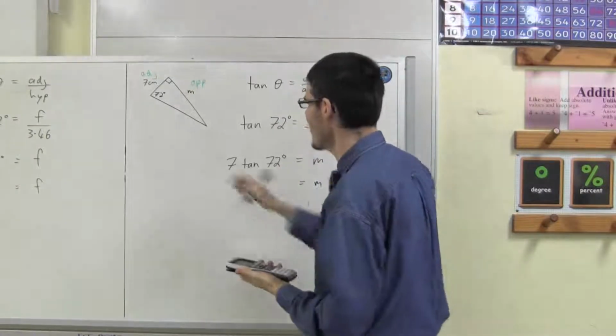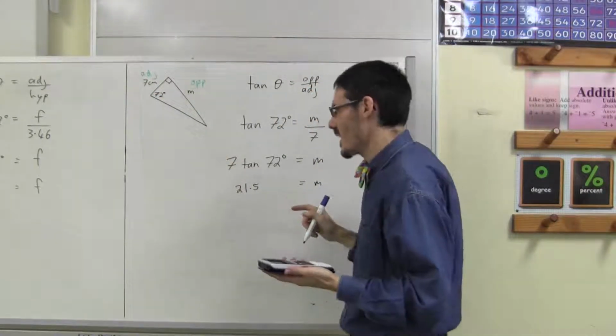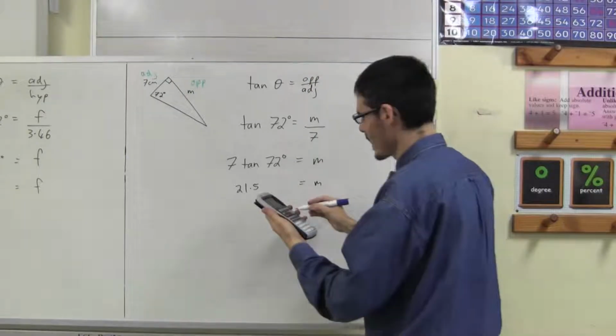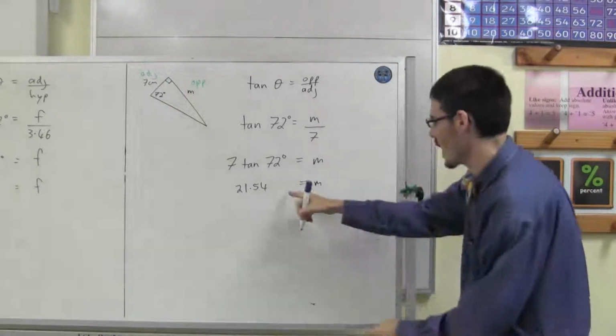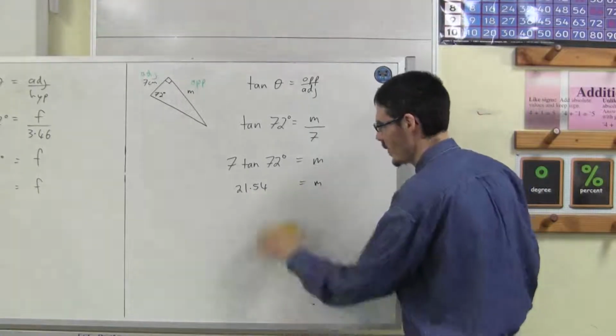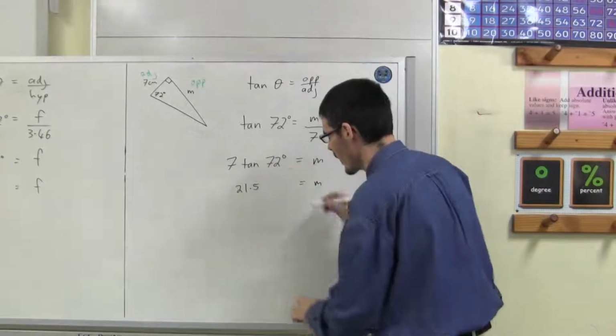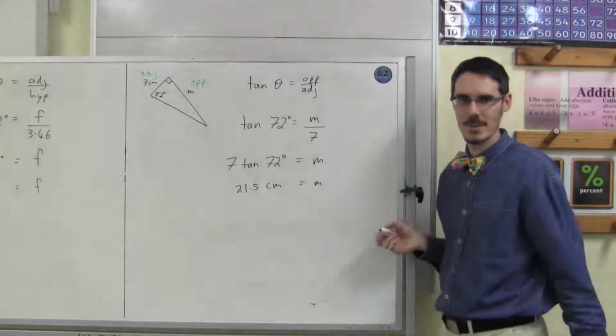Oh, how far am I going? Centimetres. You know, again, probably millimetres will do. It's 21.54, and it goes on from there, but I only need this much. If I want to go to millimetres, this number is less than 5, round down again. 21.5 centimetres. Very straightforward.